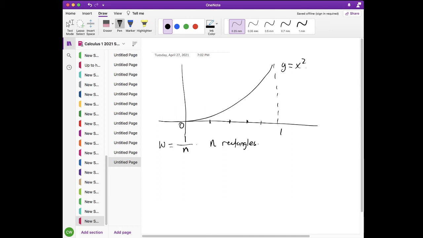So for my left approximation on n rectangles, we're going to make these smaller and smaller and smaller. It's going to be 1 over n, and then what is the first f?